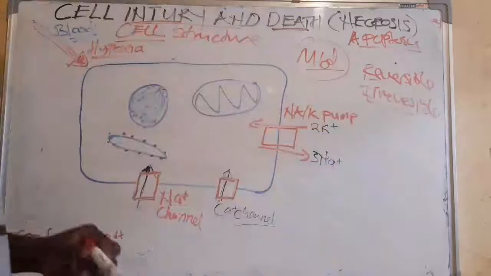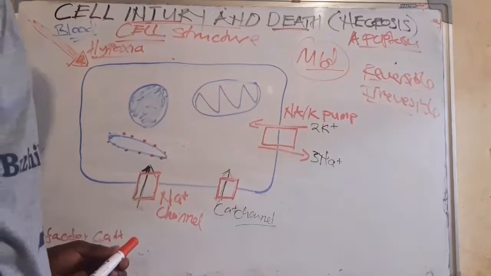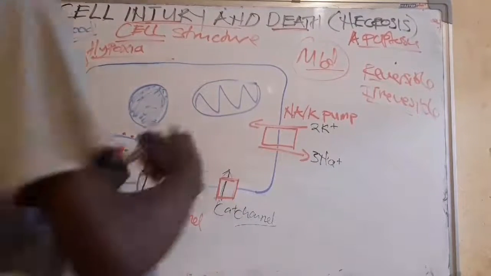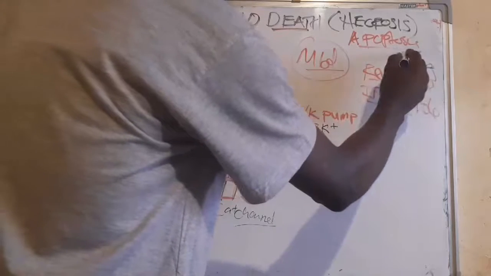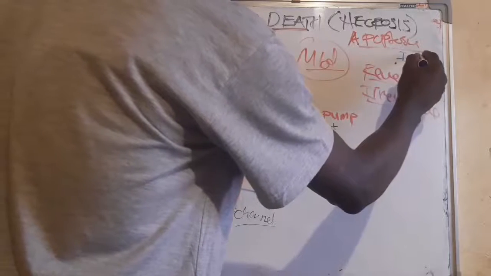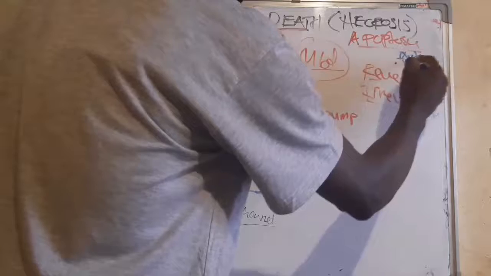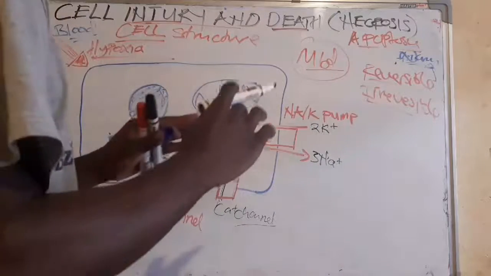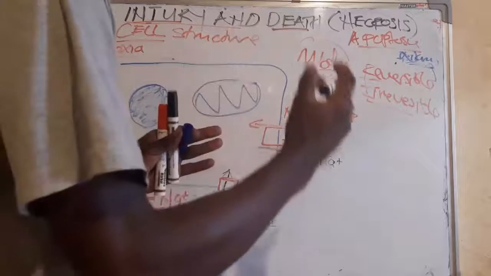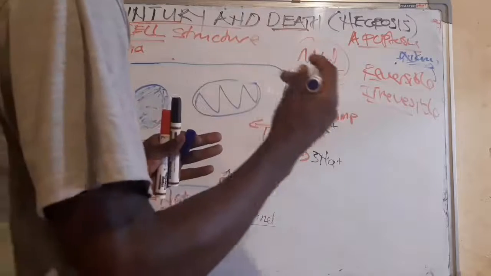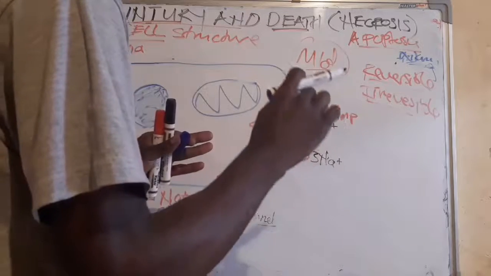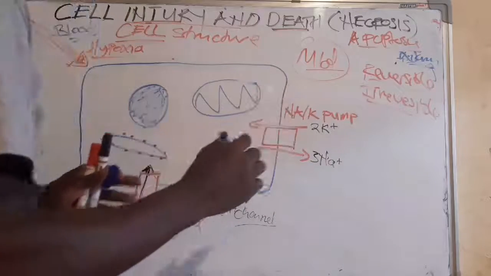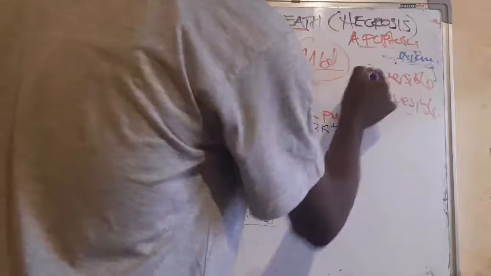Reversible cell injury simply means that when the cell becomes injured, it can go back to normal after the stimulus is removed, or after the supply of the cell requirements becomes back to normal. So the cell can be reversible.